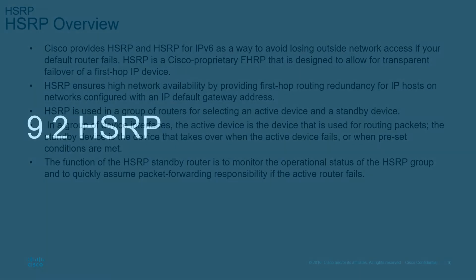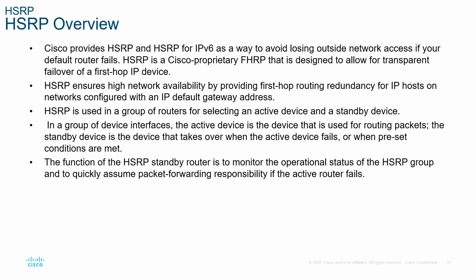In HSRP, Hot Standby Router Protocol, again, this is Cisco proprietary. There's also one for IPv6. It has a way to avoid losing outside network access if your default router fails. It is designed to allow for transparent failover of a first hop IP device.